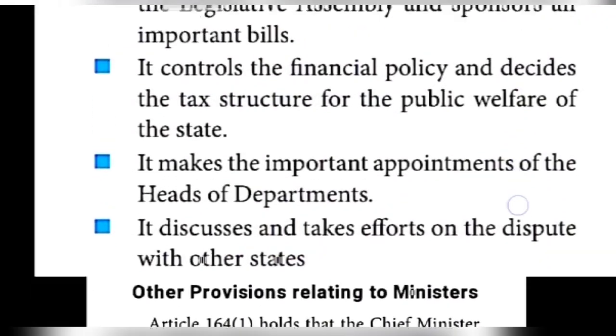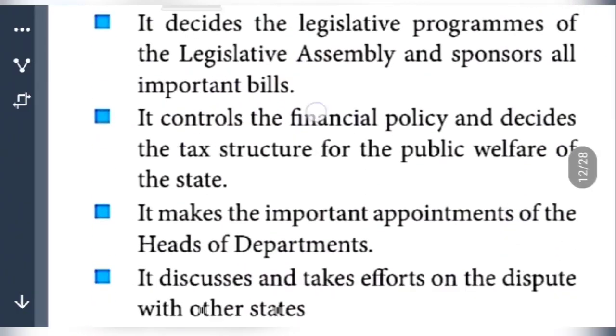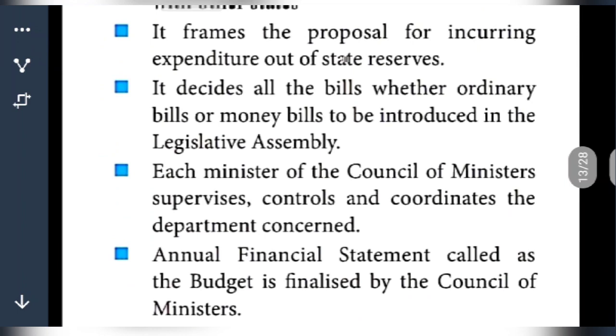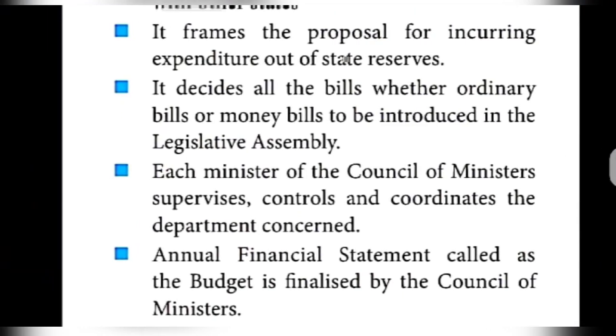The next, what is given, children, you can check in your book: it frames the proposal for incurring expenditure out of the state reserves. What is the meaning? In order to manage the state's expenditure, they are making the proposals.